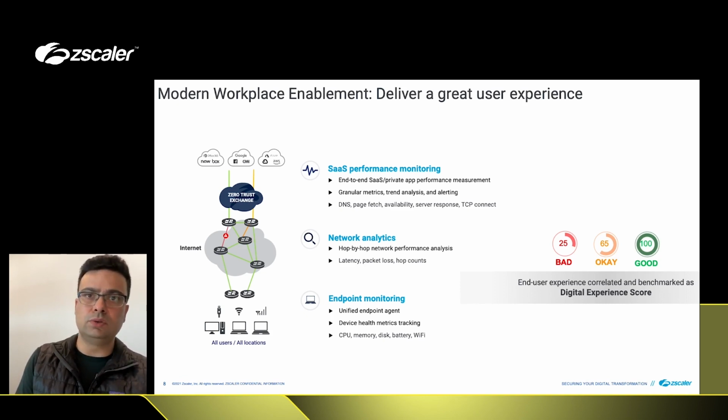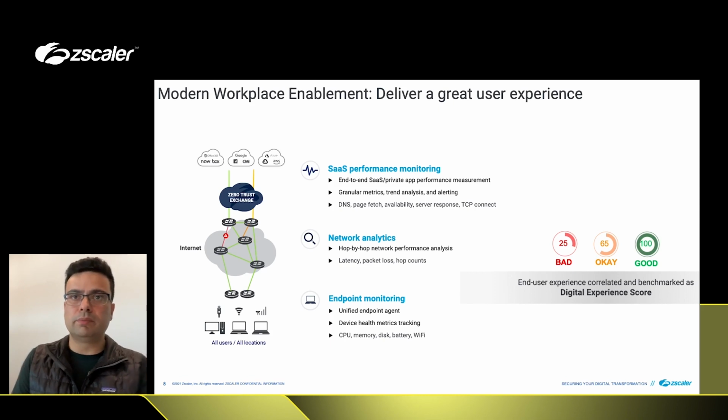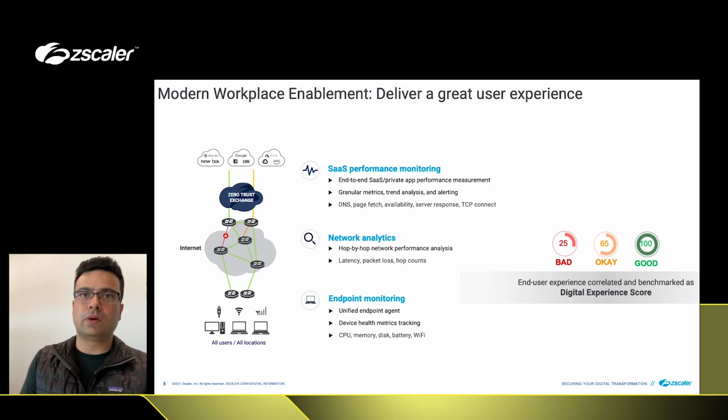That could be the user's home Wi-Fi, the egress ISP that users are using at their home or coming from the corporate network, or the upstream ISP that Zscaler is using to connect you to your destination. You need to understand every single hop on the data path and where suboptimal routing is happening and latency is being added. Likewise, health of that endpoint is also equally important. If your CPU and memory is running high, that could also cause undue delay in terms of application performance.